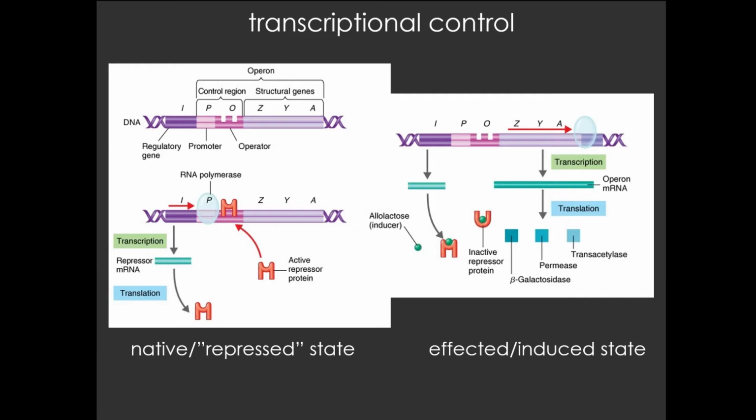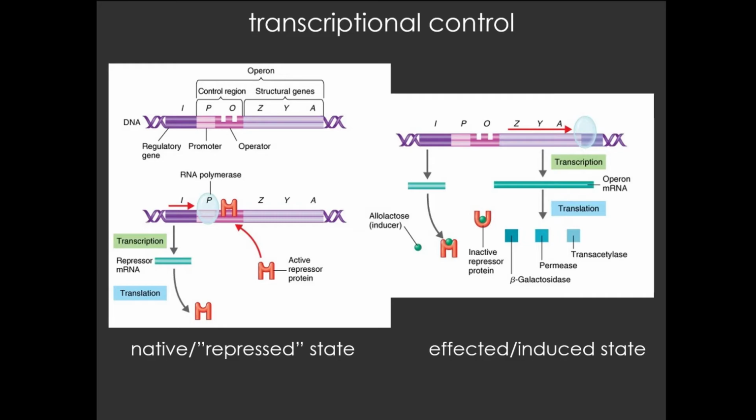So that regulatory gene is transcribed and translated into a repressor. Now this repressor, like those that have been talked about in previous lectures, is transcribed and translated in the on position. It is on, it is active, and its job is to bind the operator site of the operon.